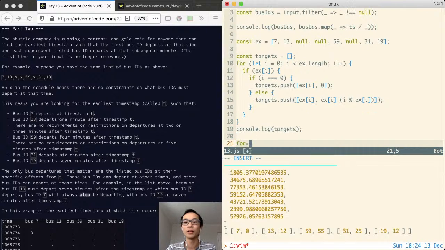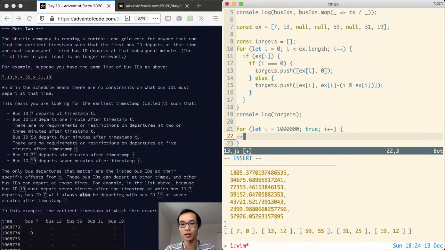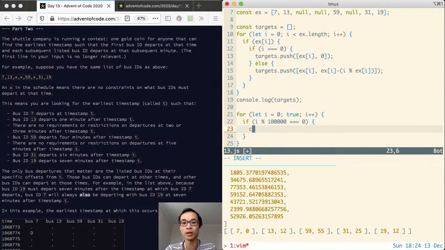So for let i equals, we're going to set it to 1,000,000, i true, i plus plus. We'll start from 0 just to see how long it takes. So we're just going to log out a number every 100,000.